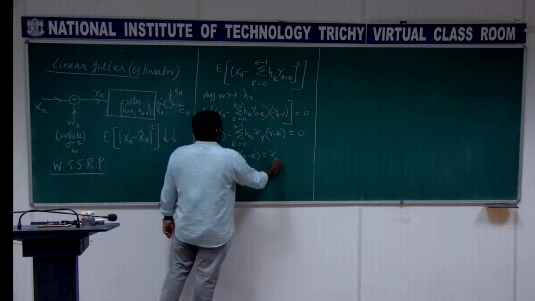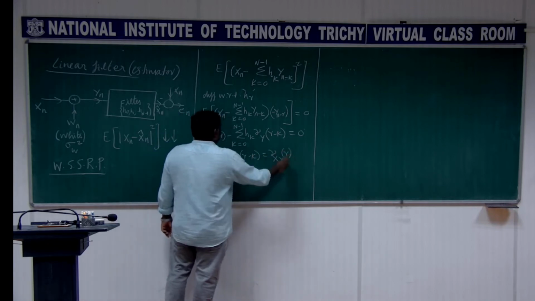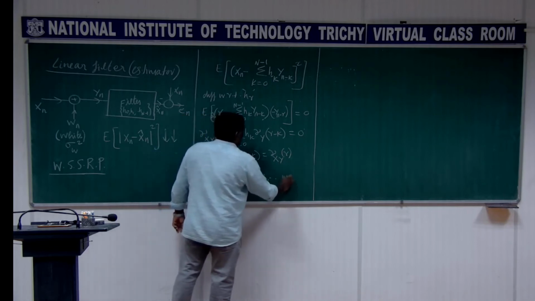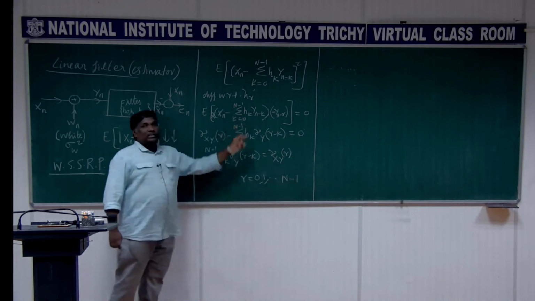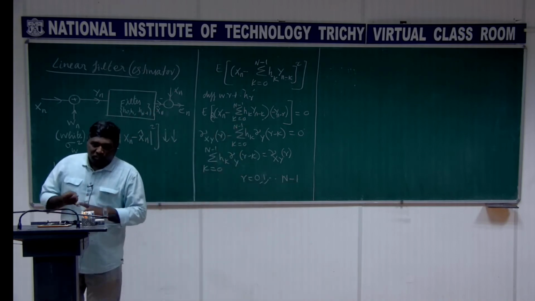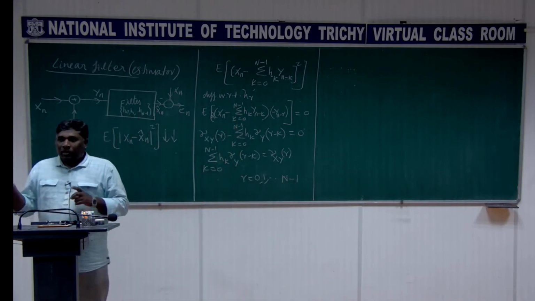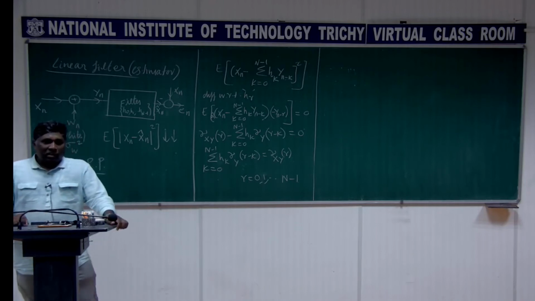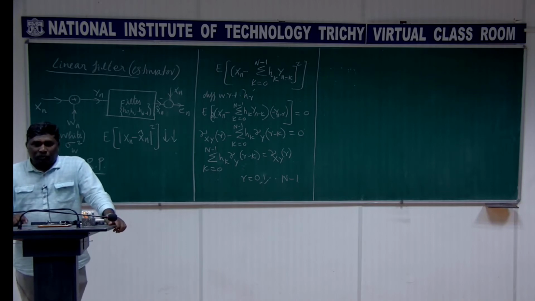So you get sigma k equal to 0 to n minus 1 hk gamma y of r minus k, which is gamma xy of r, and this r takes values up to capital N minus 1, because I have to differentiate this with respect to H naught equal to 0, H1 equal to 0, H2 and so on, up to H subscript capital N minus 1.